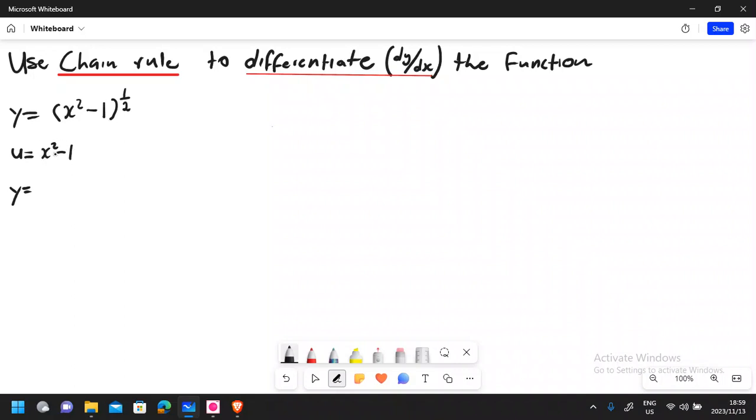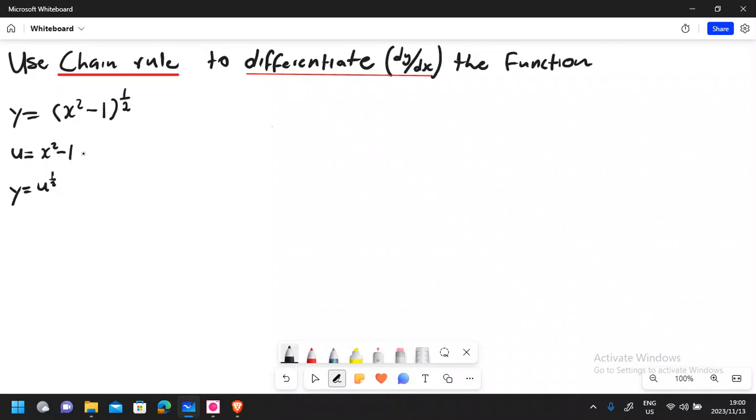So this u is equal to x squared minus 1, meaning now wherever there is x squared minus 1, we substitute it with u. But this x squared minus 1 has the power of half. I hope you can see this.